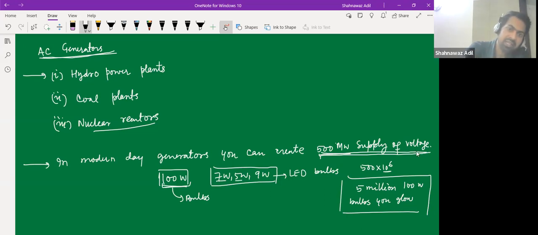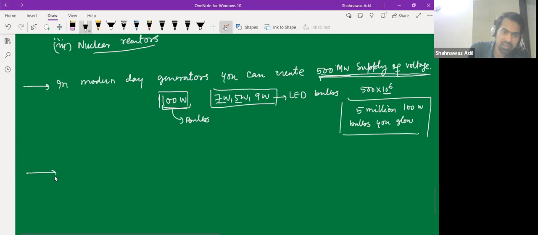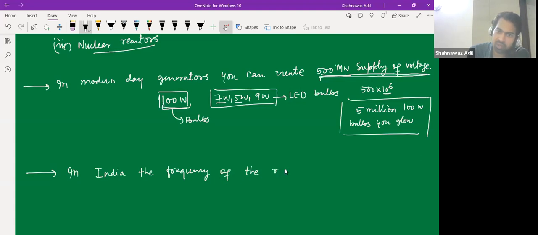Okay. And generally in India, the frequency of rotation. So you are rotating those coils, right? In India, the frequency of rotation of the coil is how much?